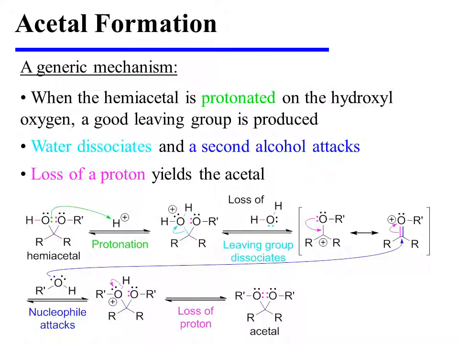The positive charge can be delocalized onto oxygen, resulting in a more stable resonance form in which all atoms have a complete octet. A second molecule of alcohol then attacks this cation, and loss of a proton ultimately results in the acetal product.